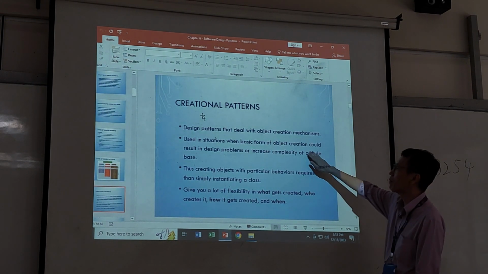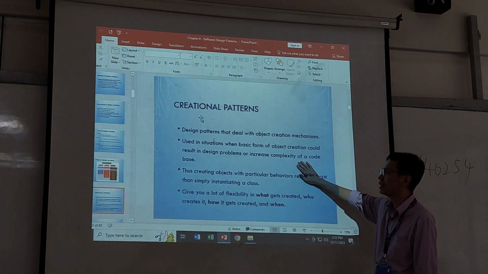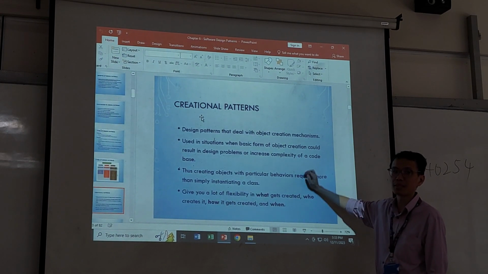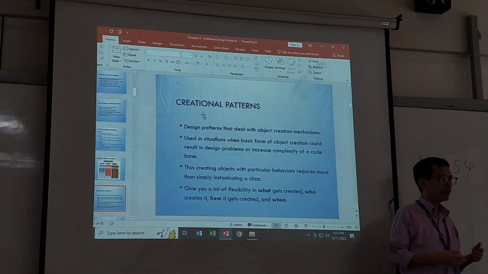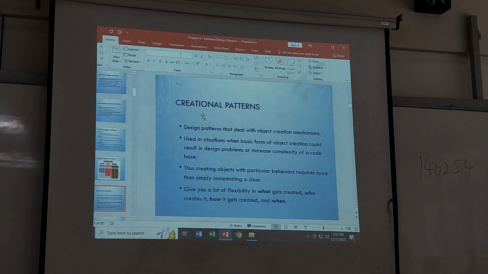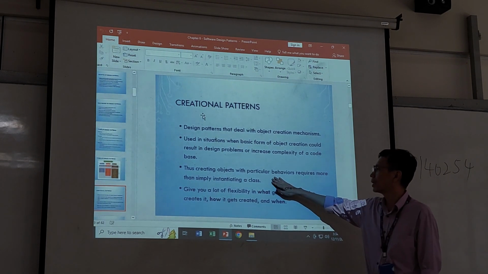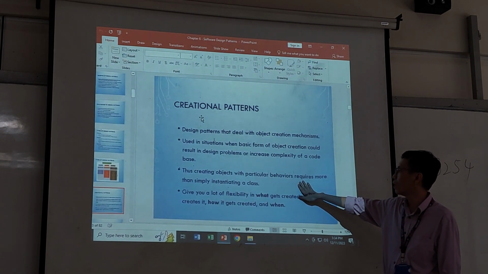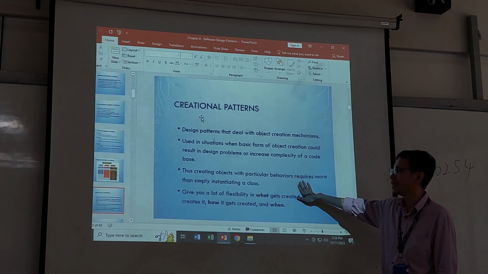It is used in a situation when the basic form of object creation could result in design problems or increase the complexity of the code. Okay, so when we think that using a common way to create an object leads to a serious problem or could become very complex, then it will be considered under the creational methods. Creating an object in particular ways requires more than simply an instantiating task.